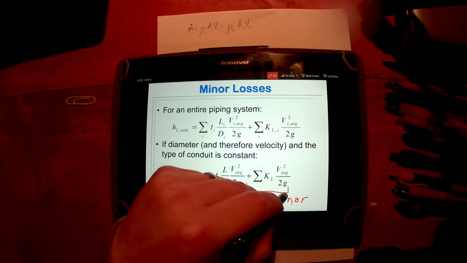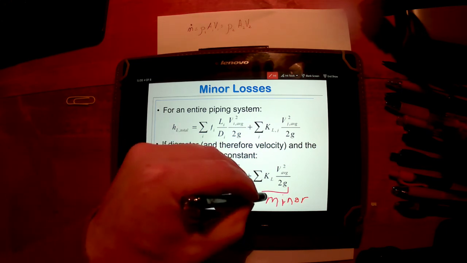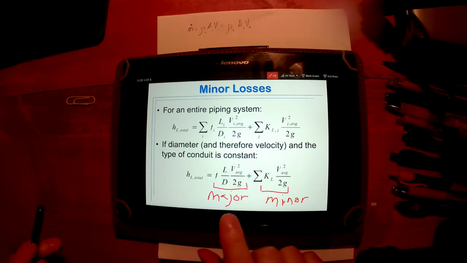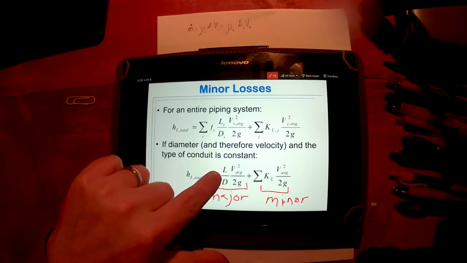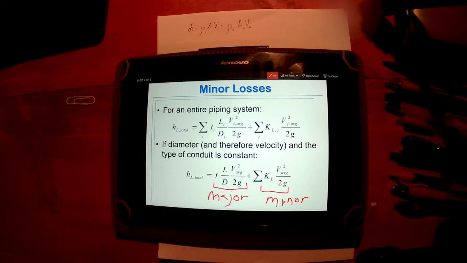Now again, there's no guarantee that the minor loss is going to be smaller than the major loss. Most of the time it will be. Most of the time we're trying to pipe fluid a long distance, so a lot of times this length of pipe is going to be so large that this quantity ends up being larger than this one.